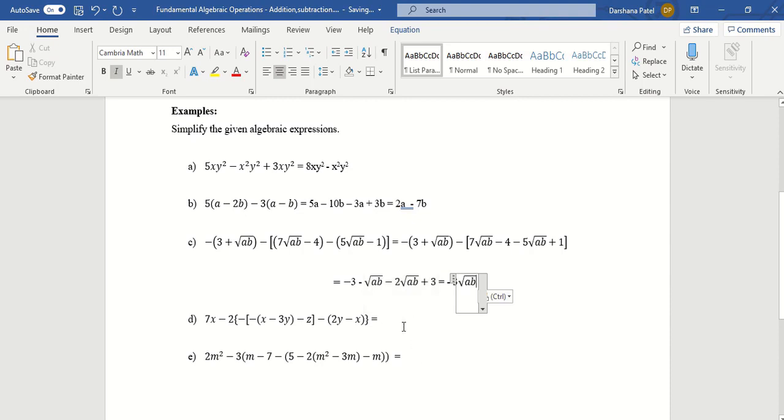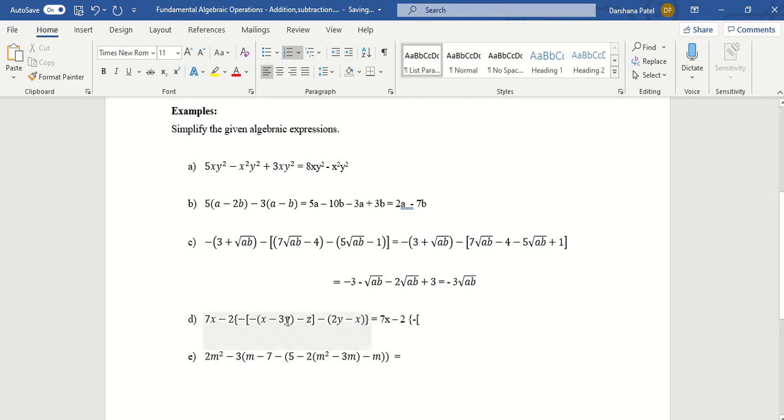Now next one here, it has multiple brackets. So we'll start with the inner bracket, and then we'll move out. So we will keep 7x as it is, minus 2 curly bracket negative square bracket.